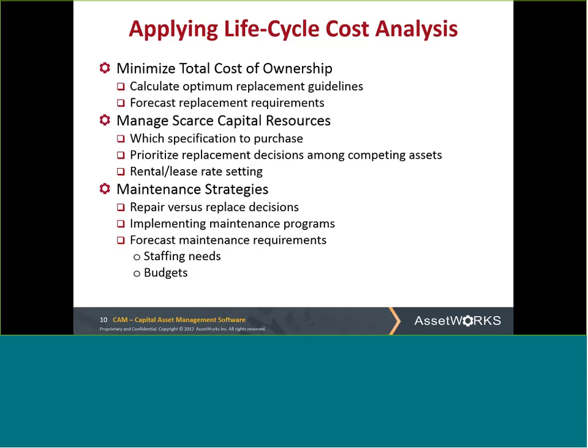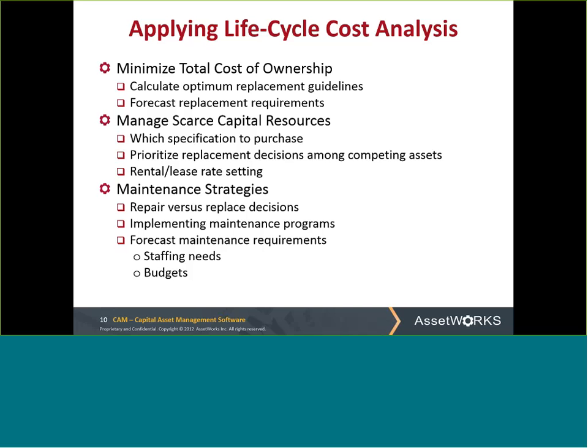Do I go ahead and replace a dump truck that costs $50,000 a year to maintain, or 10 sedans that might cost $2,000 a year to maintain? They might cost the same up front, but maybe I'm going to save some money on the back end with maintenance. The other thing I can do is use this data also to set lease rates and rental rates. I can look at what my ongoing expected costs are going to be in the category in each year and then use that to build into a potential lease or rental rate.